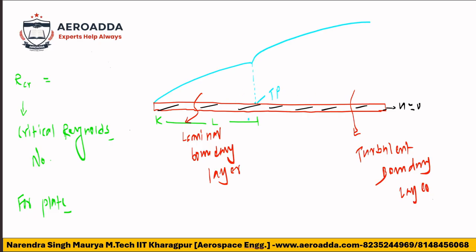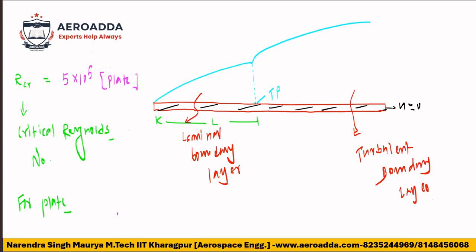So this will happen at the critical Reynolds number, and this value for a plate, remember, it is very important, is nothing but 5 into 10 to the power 5. This is for a plate. Based on this, questions will be solved. So for a plate, this is the critical Reynolds number.